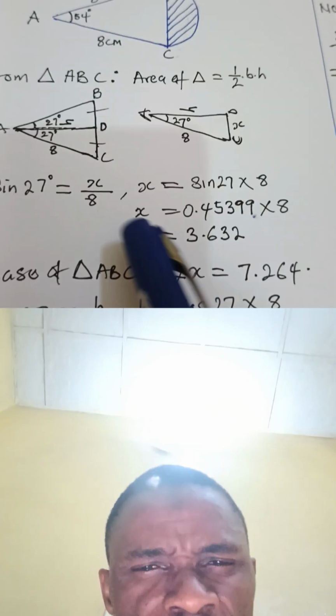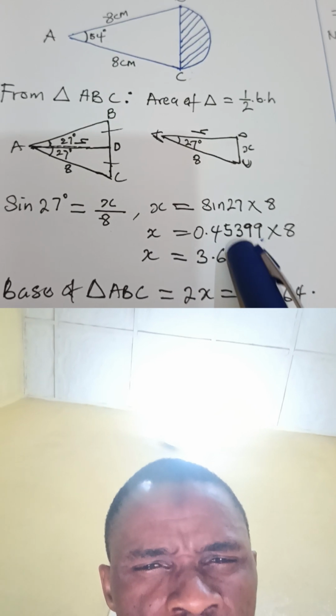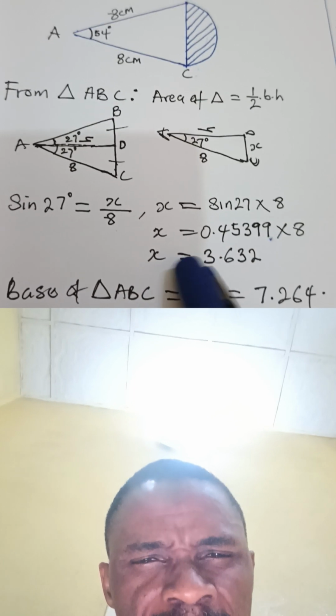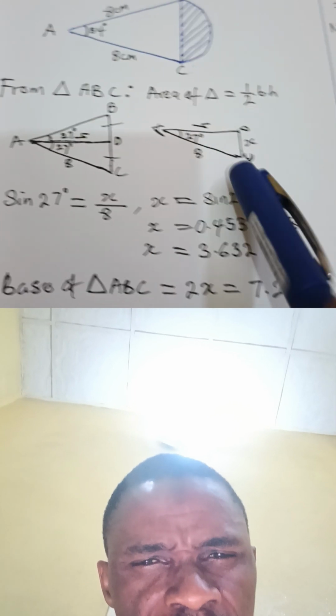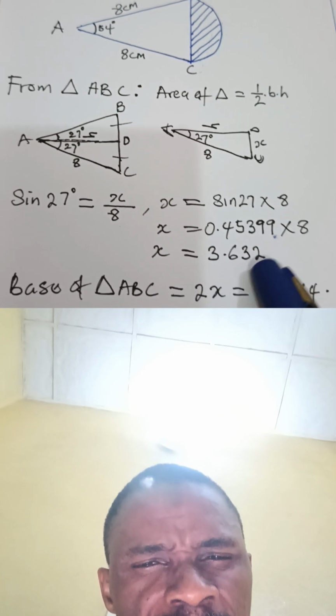Okay. Now we find sine 27 as 0.45399. Then 8, we multiply it to this side CD, which is s, and it gives us 3.632.